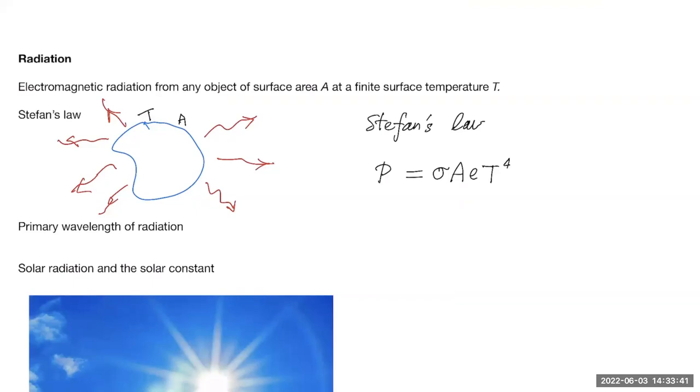Sigma is a constant. You can find this value experimentally, but we can also derive it theoretically based on our knowledge of quantum mechanics in chapter 39. It's called Stefan's constant, and the value is given in the textbook.